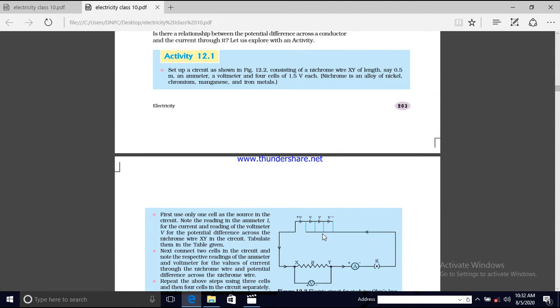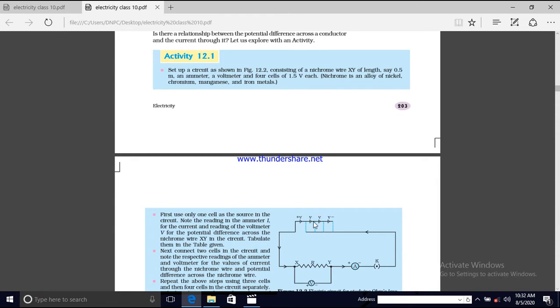Now here you can see the negative terminal of the ammeter is connected to the negative terminal of the cell or battery. How many cells are there? 1, 2, 3, 4. Four cells are connected. These dotted lines are not actual connections, so we can alter them.